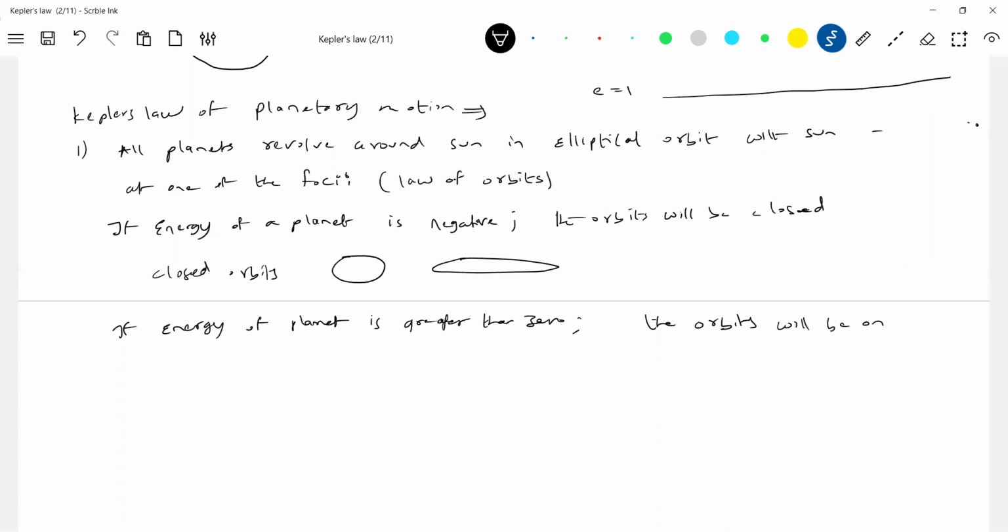What do you mean by open? What are open orbits? Parabola, like a parabola, hyperbola.